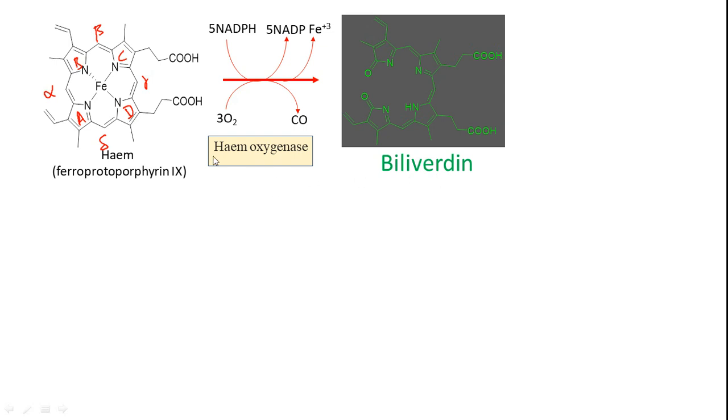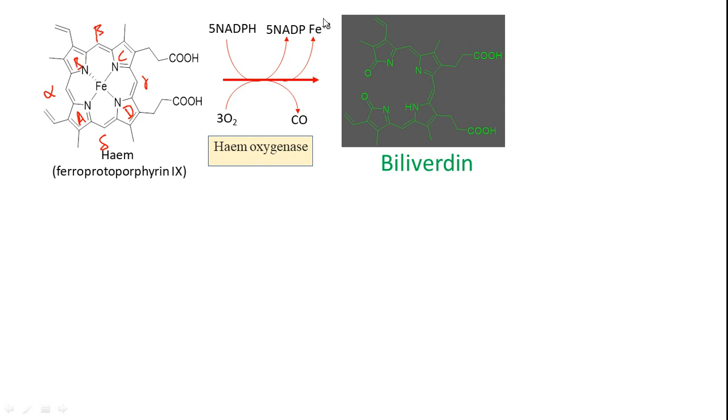Here it consumes 3 oxygens, and the carbon at the alpha position gets degraded, converted to carbon monoxide and eliminated. At this position, iron is also eliminated as ferric ion. This will enter the iron pool.